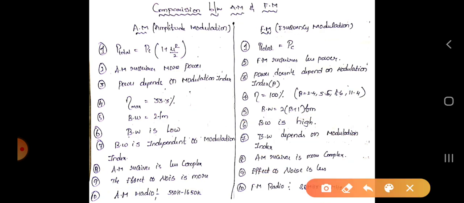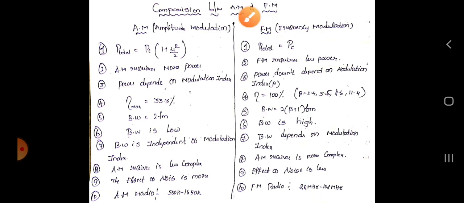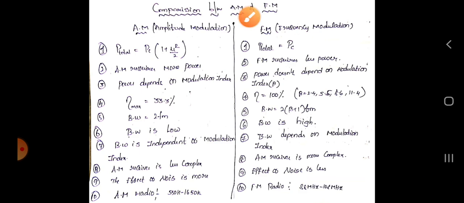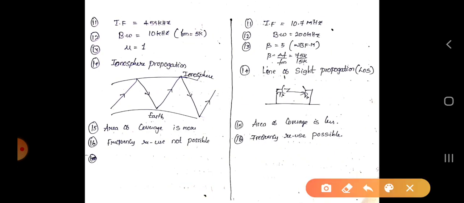And if you see the AM radio range, I have told you the AM radio varies from 550 kHz to 1650 kHz, and similarly the FM radio varies from 88 megahertz to 108 megahertz. And the intermediate frequency is 455 kilohertz in the AM signal.